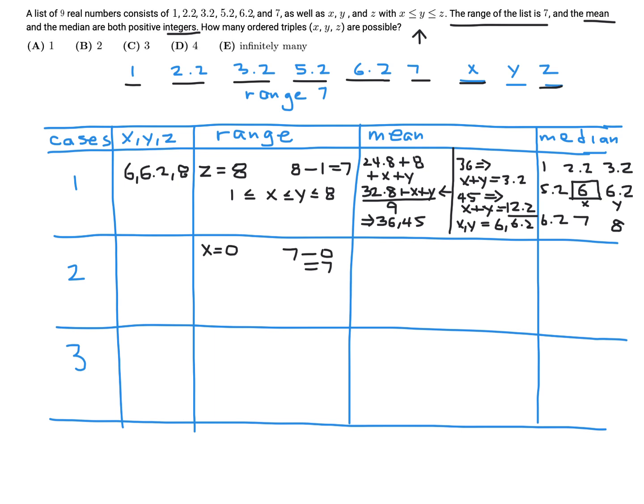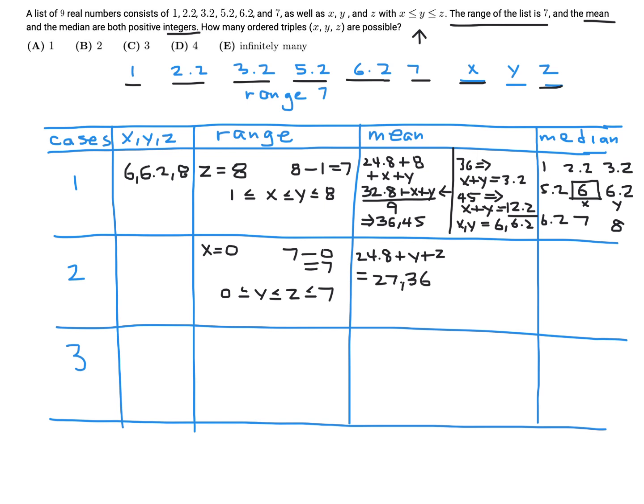So that basically means that 0 is less than or equal to y is less than or equal to z is less than or equal to 7. Okay. And then this part, the mean part, again, 24.8 plus y plus z this time. That has to be divisible by 9. So the only way that would be possible is if that number is either 27 or 36.